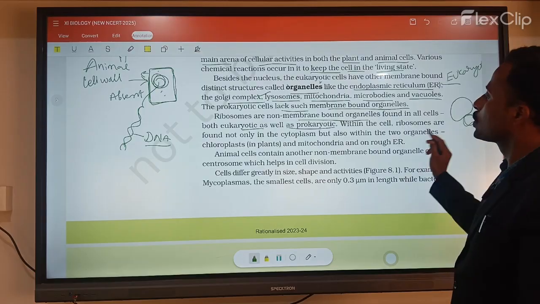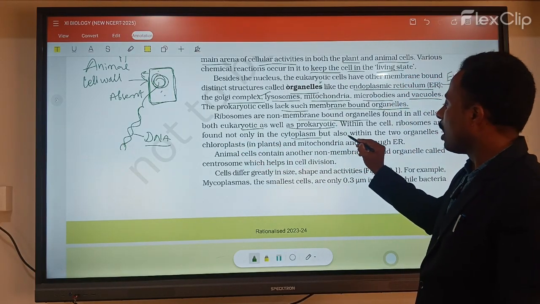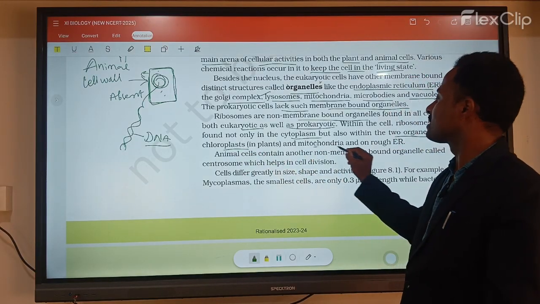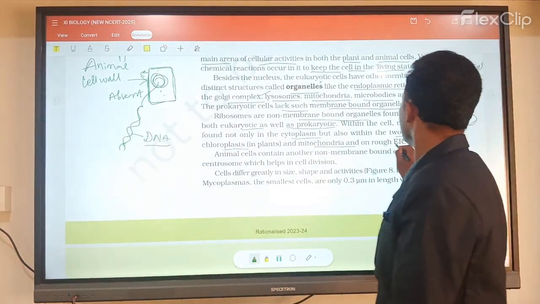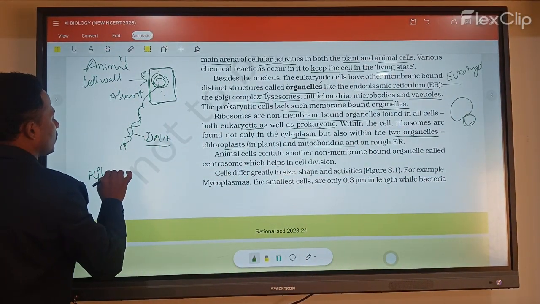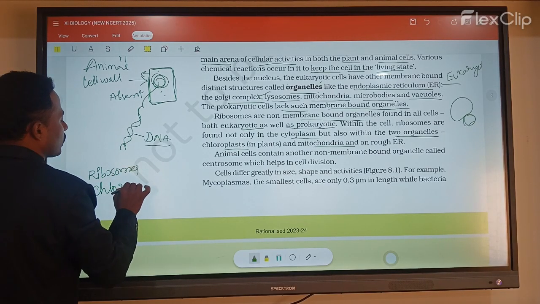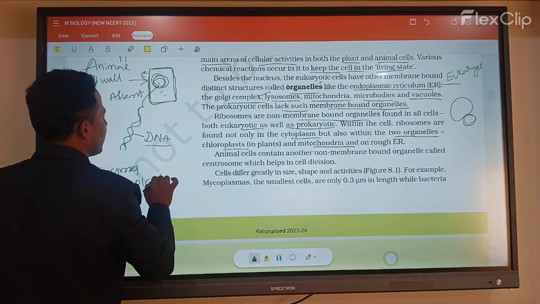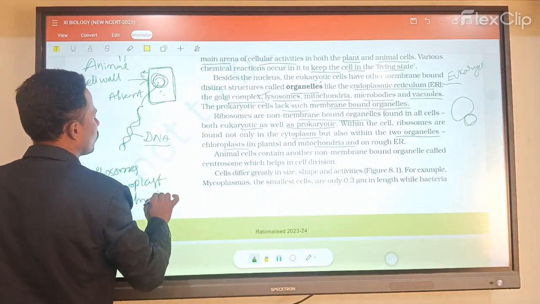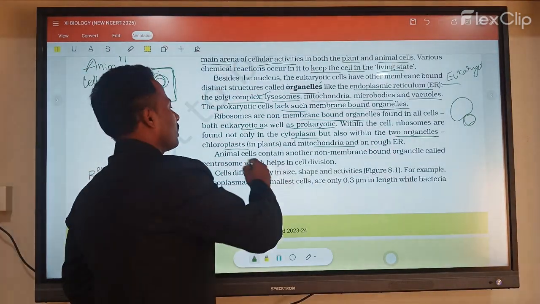Within the cell, the ribosomes are found not only in the cytoplasm but also within two cell organelles, the chloroplast and the mitochondria. This is very important. Mitochondria also contain ribosomes.